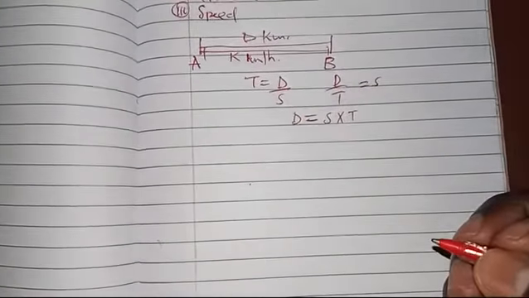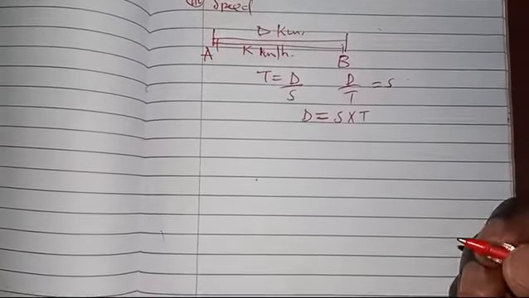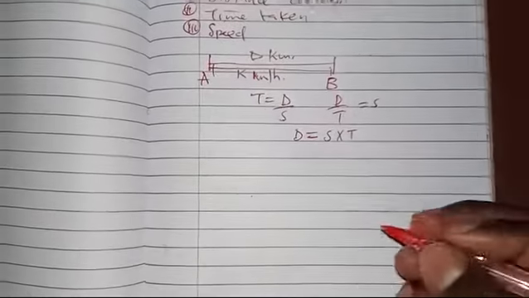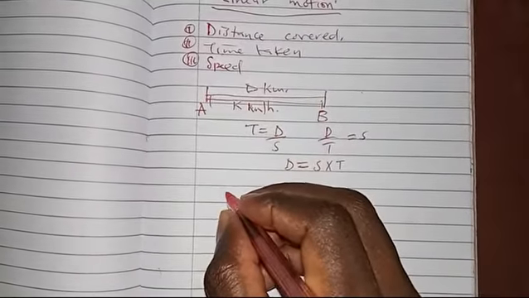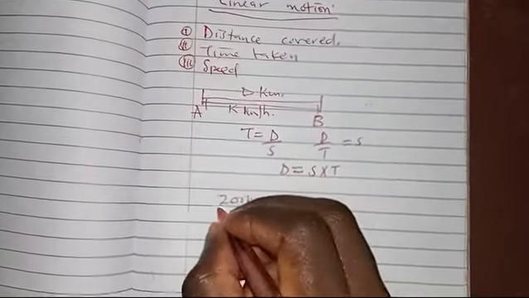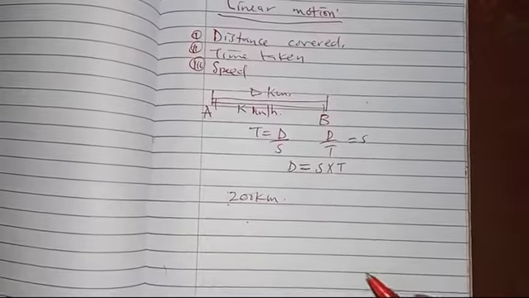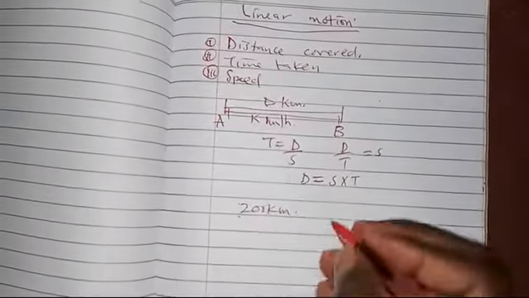So once again, what you have to do is check very well what you are given. For example, you might be told that the distance between two points is 200 kilometers, and a bus took 2 hours and maybe 30 minutes.